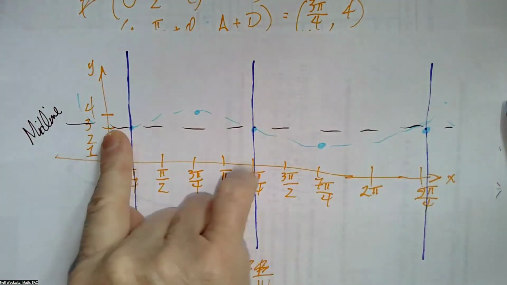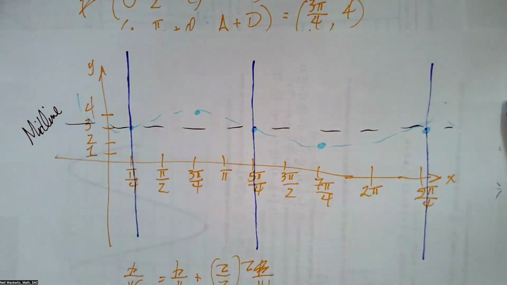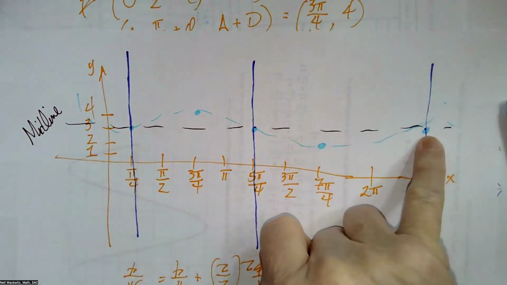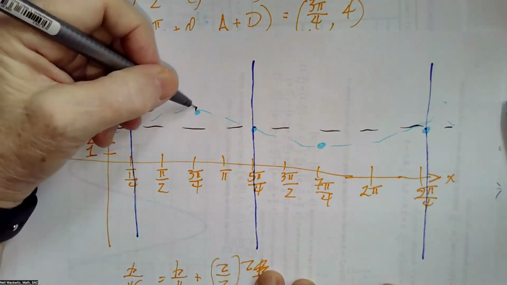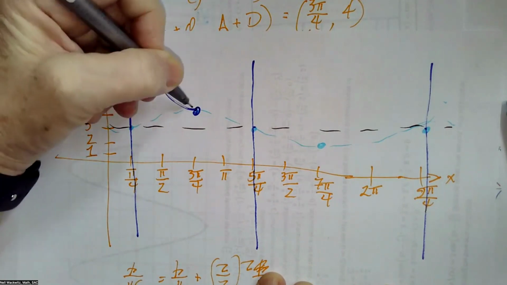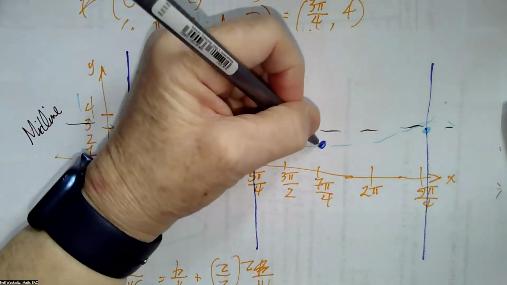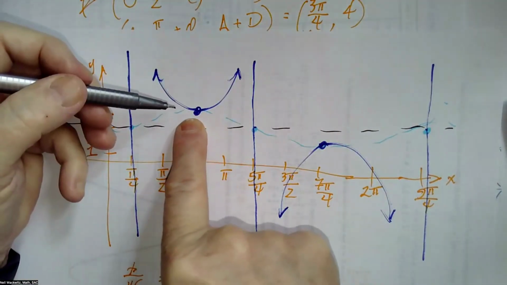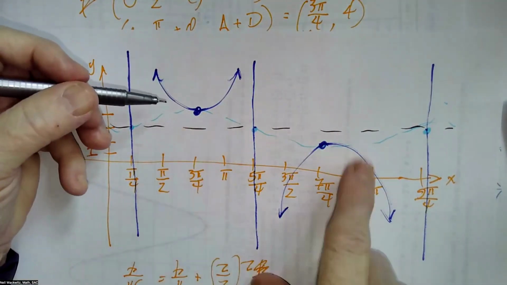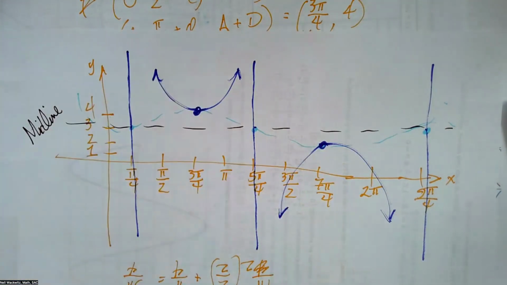Even though they're not at the x-axis, the places where the sine curve crosses its midline still give us the vertical asymptotes for cosecant. And then we have a shared point at the max, where cosecant goes up, and a shared point at the min, where cosecant goes down.